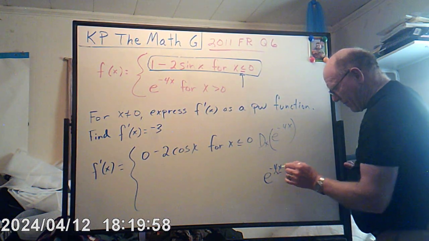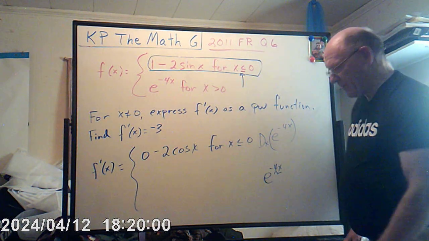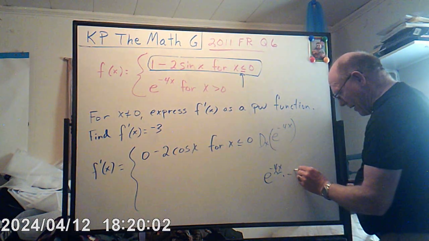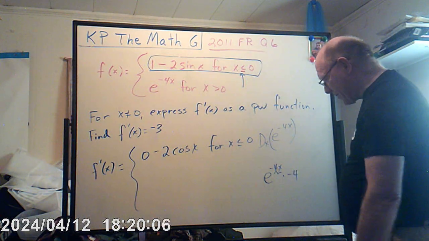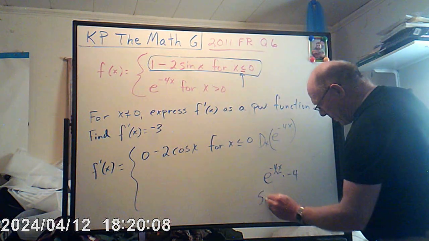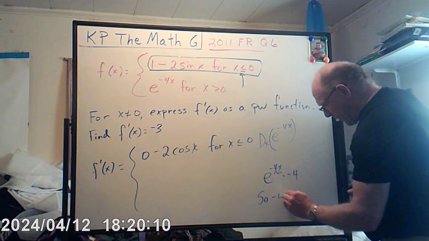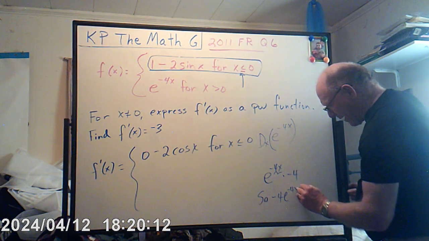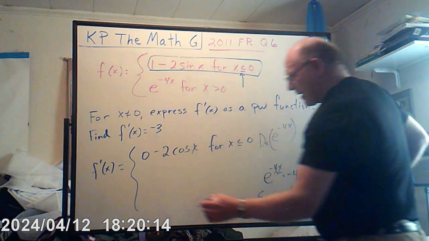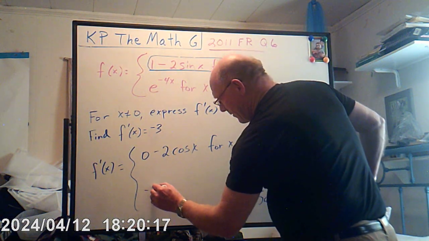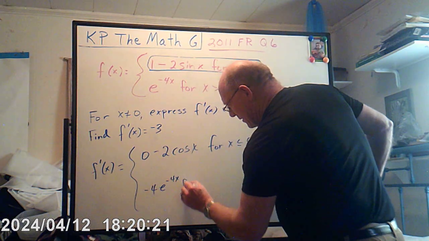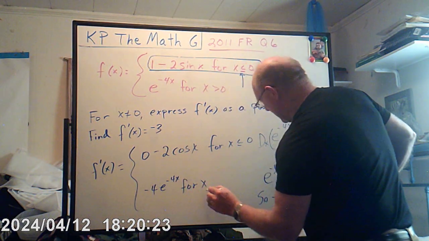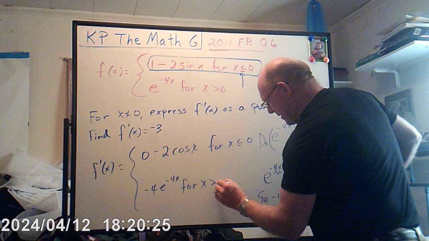Now remember the chain rule. You got to multiply by the derivative of negative 4x, which is just negative 4. So negative 4 e to the negative 4x, for x being greater than 0.